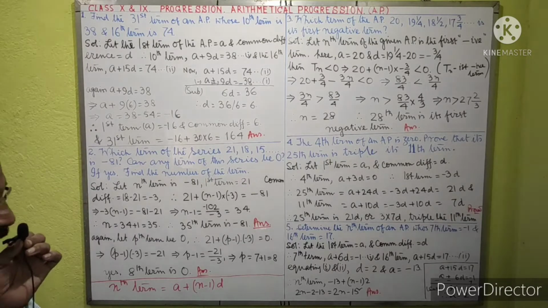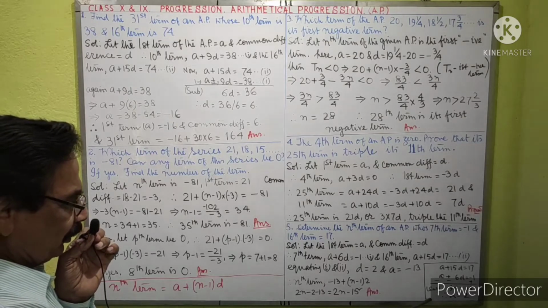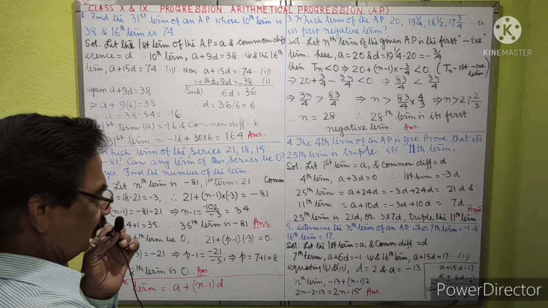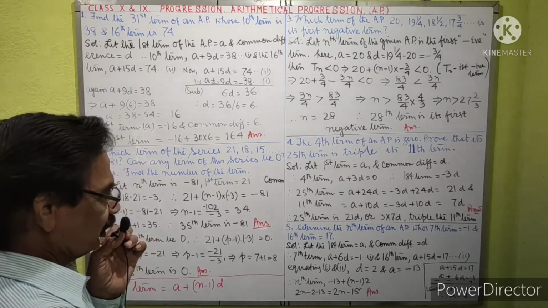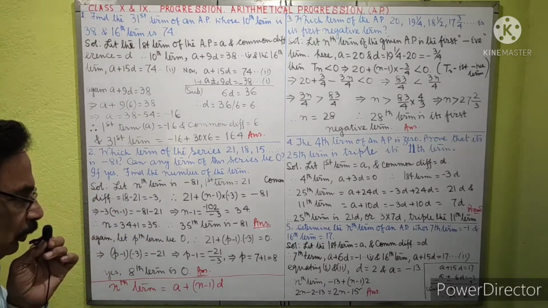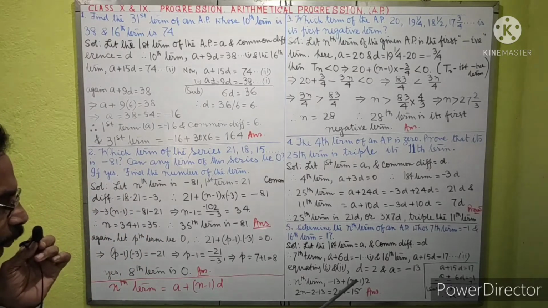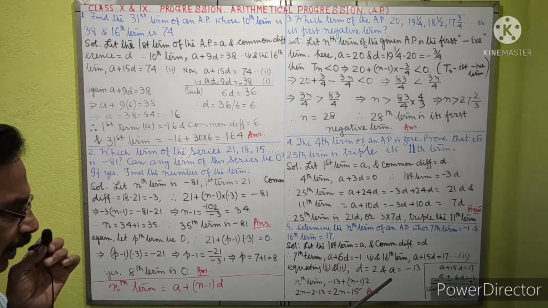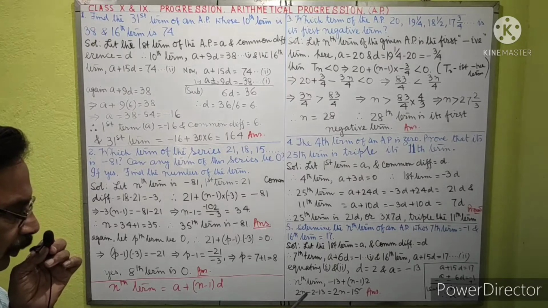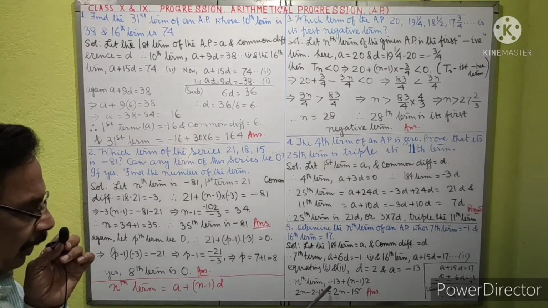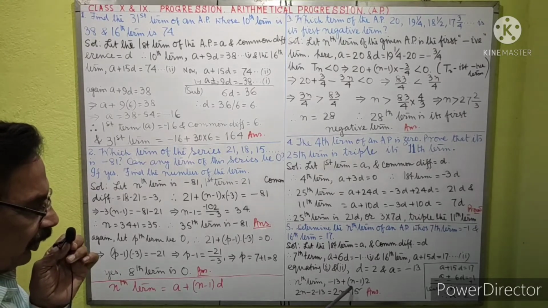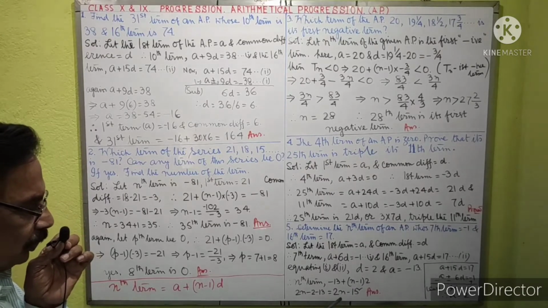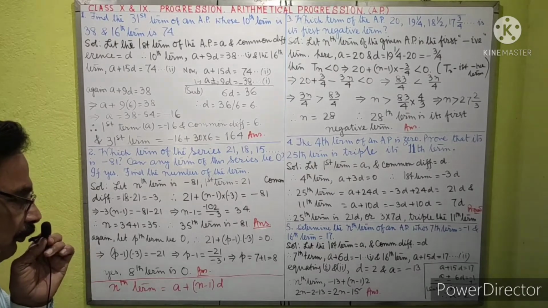Solving the simultaneous equations, we find D equal to 2, therefore A will be equal to minus 13. Therefore the nth term will be minus 13, the first term, plus (n minus 1) into D, which is 2n minus 15.